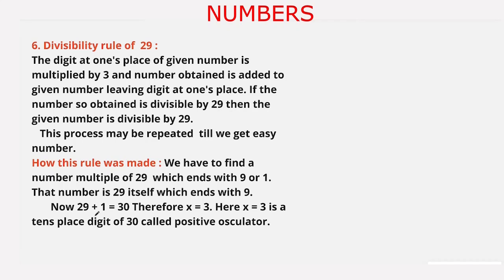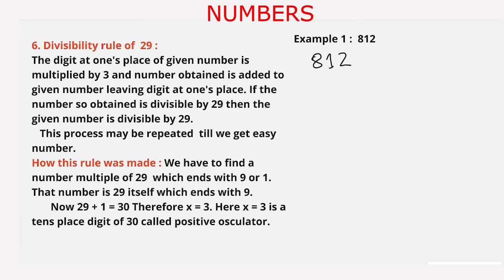You will understand by some example. So we go to the example first. In example 1, the given number is 812 and we have to find whether it is divisible by 29 or not. Ones place digit of 812 is 2. Now what we do?